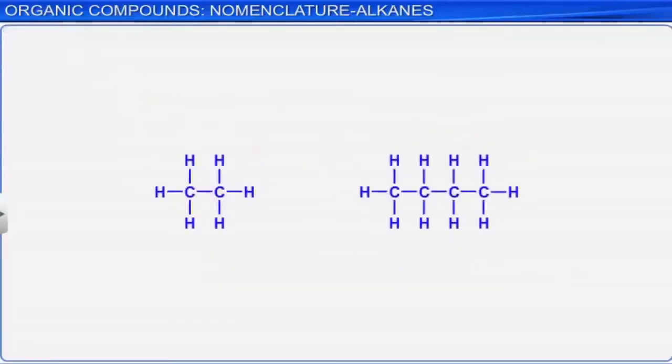For example, a compound that has 2 carbon atoms in the chain will have the root word eth and the suffix ane. Thus, its IUPAC name will be ethane.